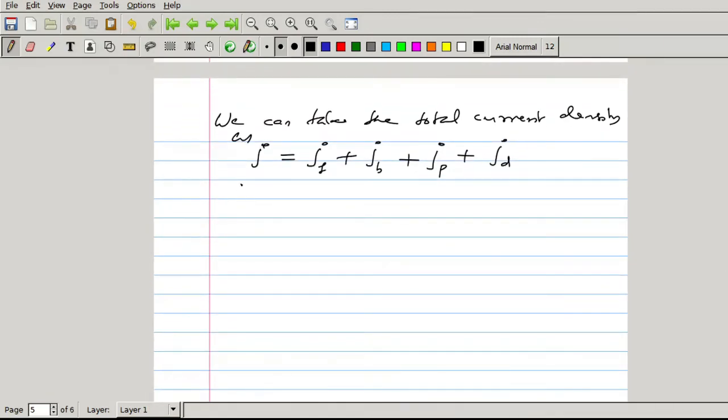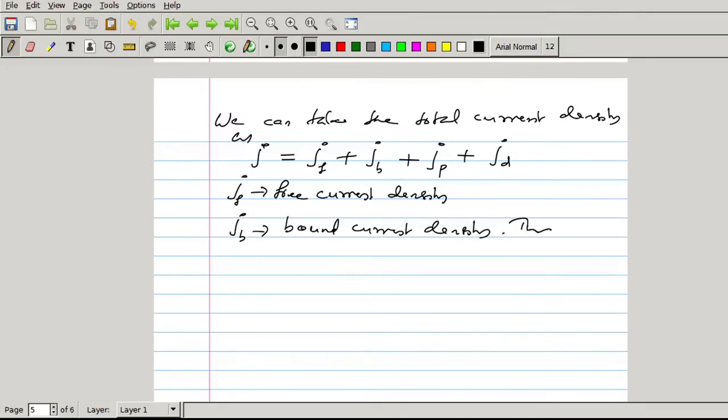The current density J free represents the free current density. This is the current density due to the movement of free charges. J bound represents the bound current density.